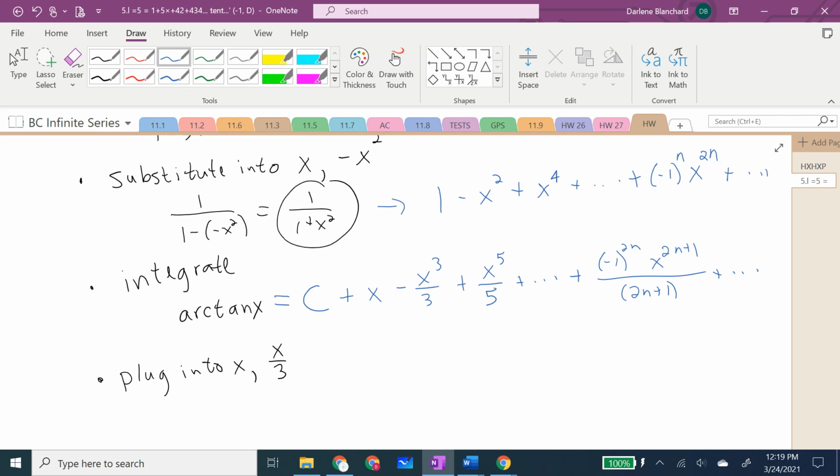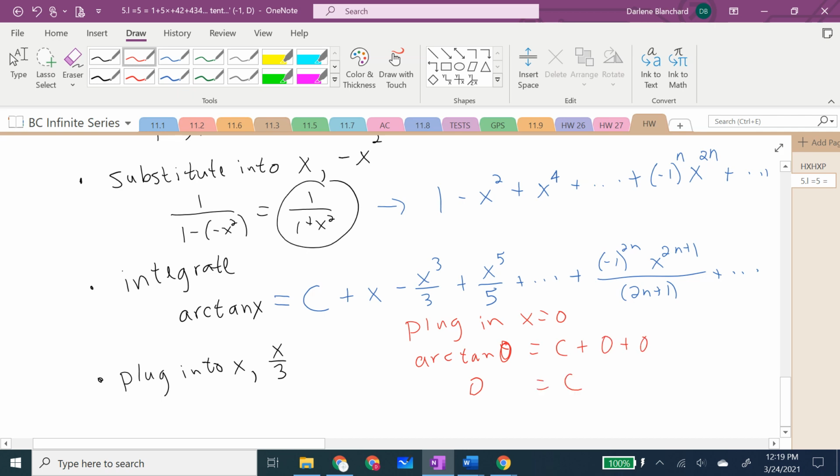Anytime you need to find your plus c, and you're trying to create a very specific function, you can find your plus c by plugging in the center, which is 0. Arctangent of 0 happens to be 0, and then it's c plus a bunch of zeros. So c is 0. Bye-bye, c.